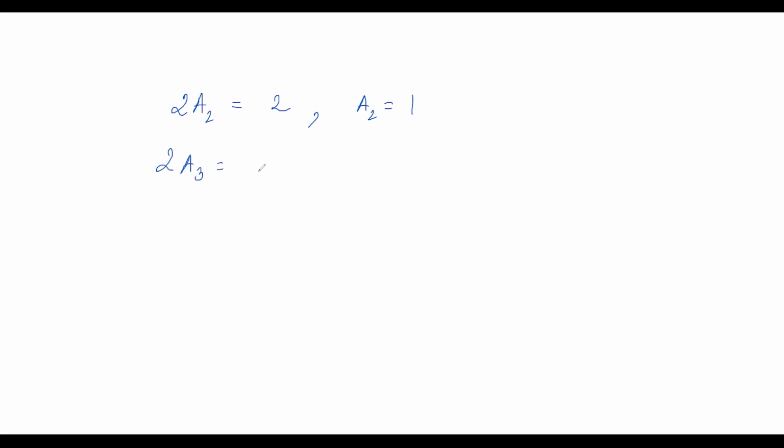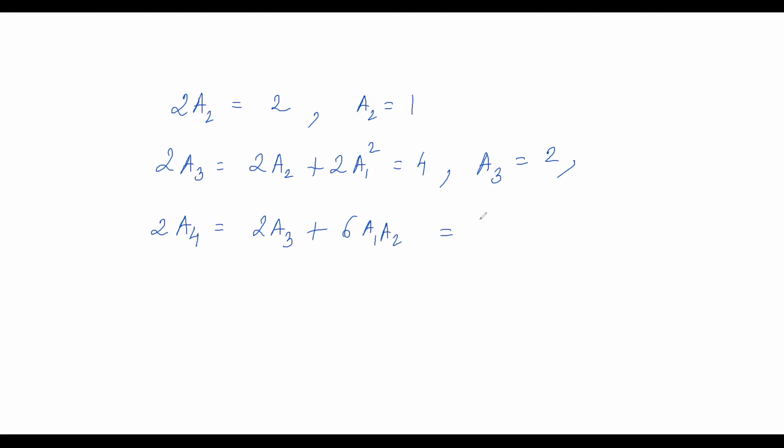Similarly 2a3 will be 2a2 plus 2a1 square, which is equal to 4, and a3 equals 2. I'm not doing a detailed version of these calculations, as you can do it because you have got the relation, so you just have to plug in the numbers. So 2a4 will be equal to 2a3 plus 6 a1 a2 and that will give you 10, and a4 equals 5.